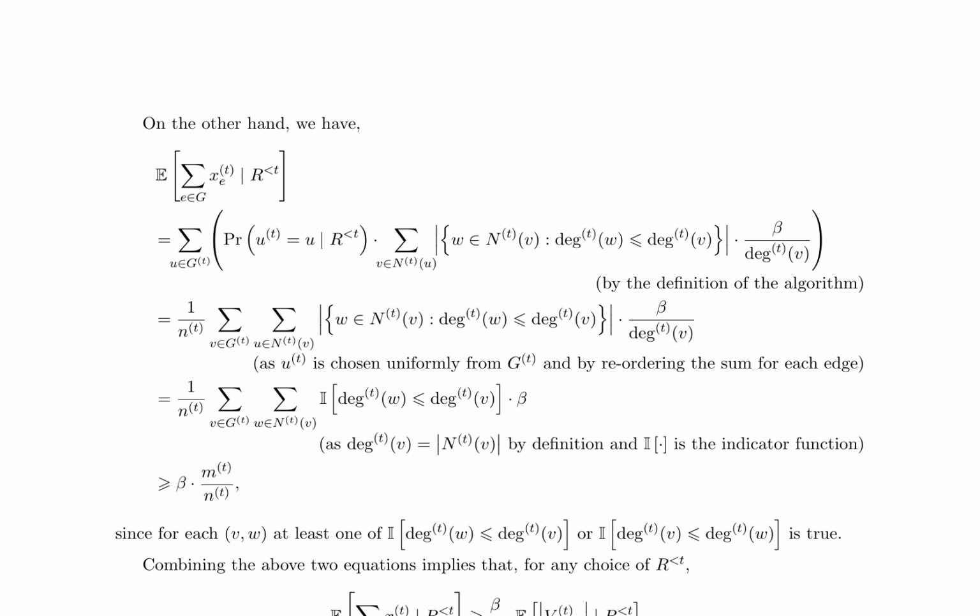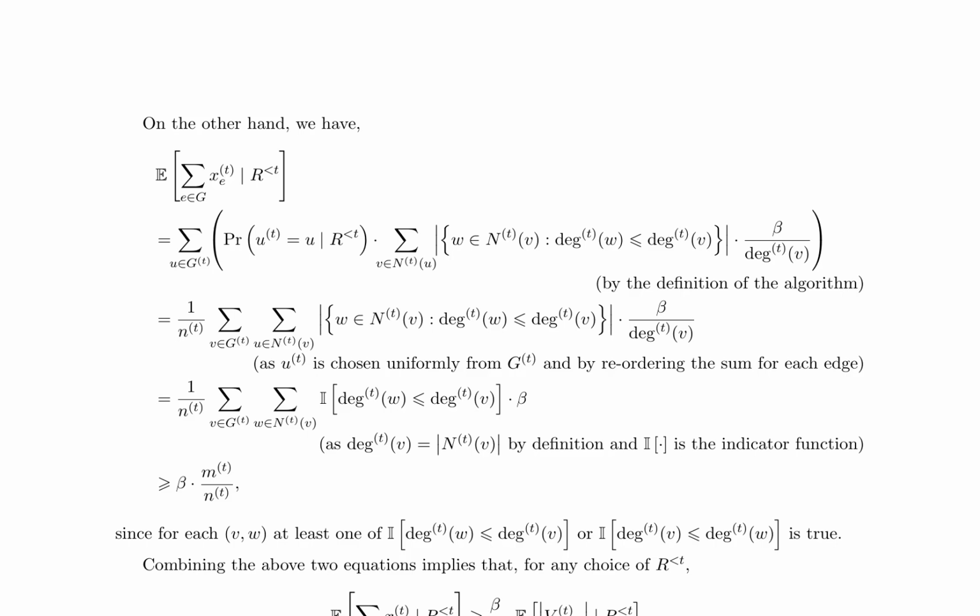The analysis of the algorithm's performance continues with the derivation of a lower bound for the expected value of the solution. Specifically, it is shown that for any choice of the random bits r less than t, the expected value of the solution x is at least beta times 2 times the expected value of V_t cover given r less than t.